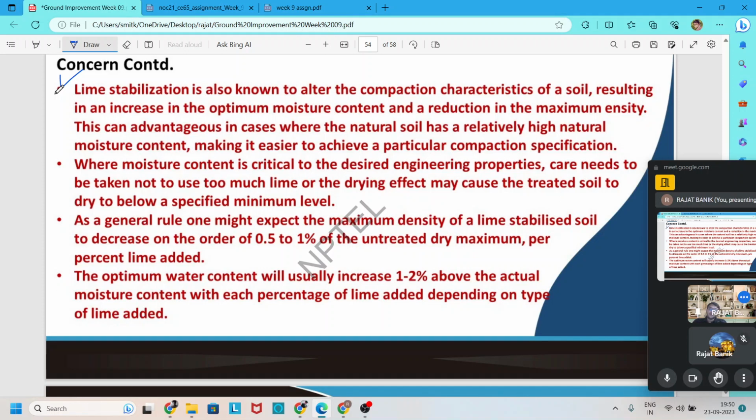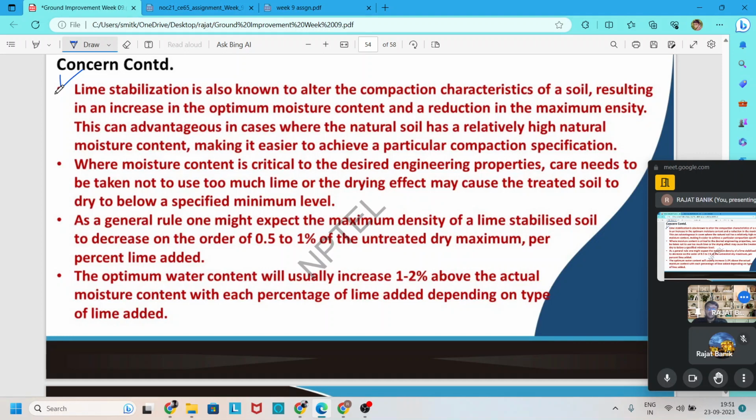Further, where moisture content is critical to the desired engineering properties, care needs to be taken not to use too much lime, or the drying effect may cause the treated soil to dry to below a specified minimum level.